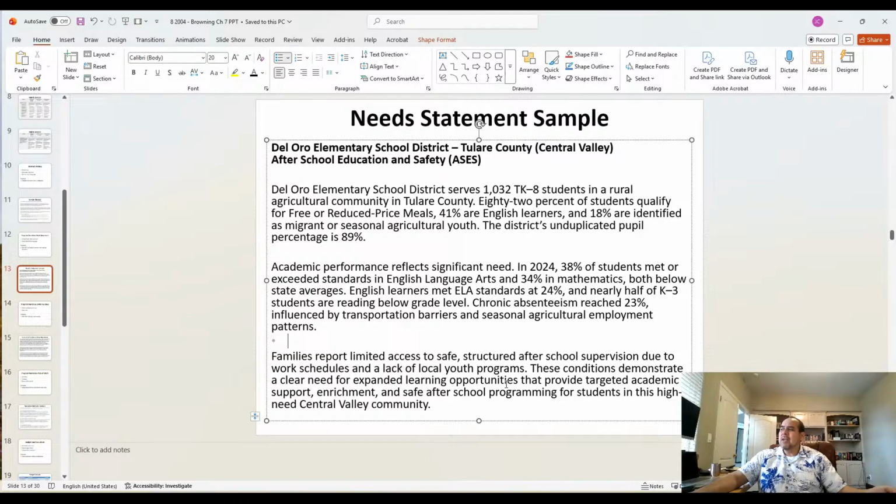Maybe it's anecdotal data, right? This is a summary, but ultimately, if you do have that type of anecdotal data, you want to put the quotes in there. You want to know how you collected it, how many families you collected it from, right? How are you connected to listening to the families and what their needs are? That's the kind of data that would be very, very useful in a grant like this.